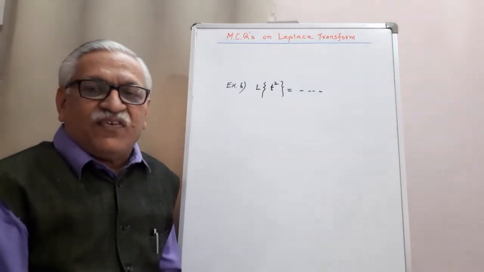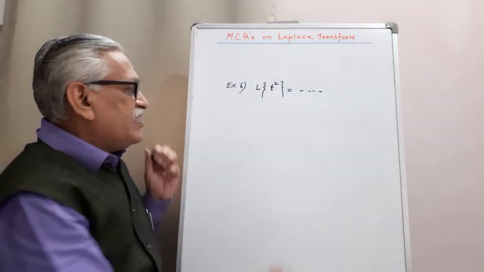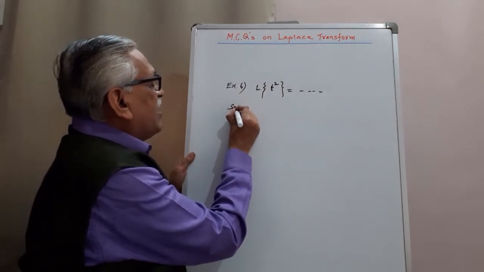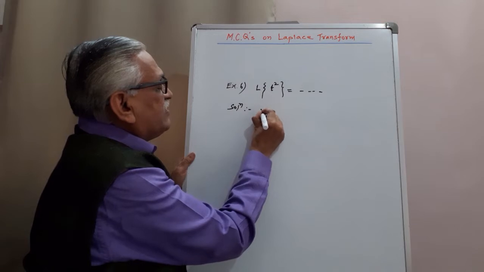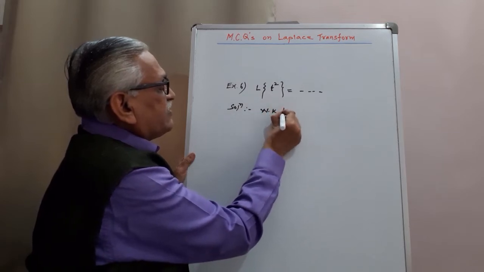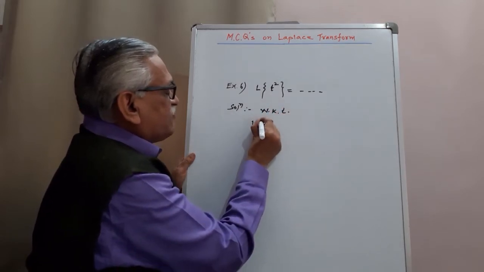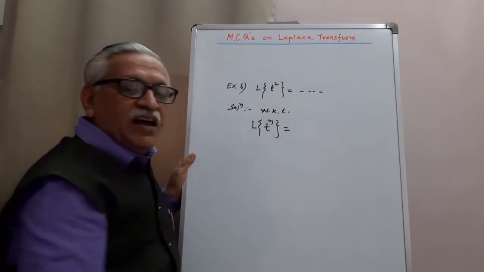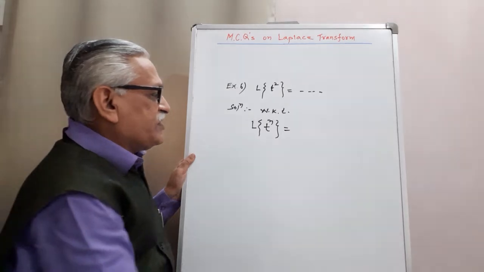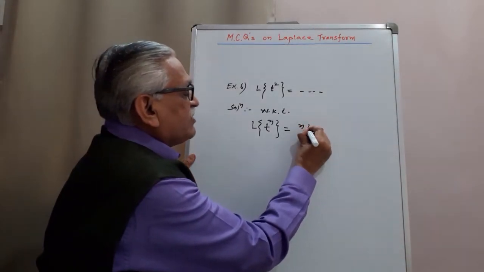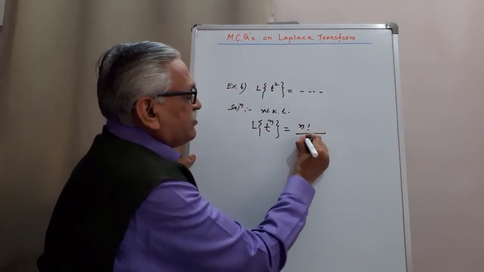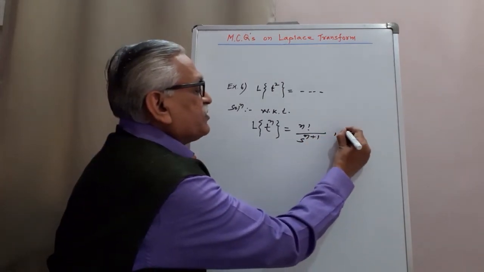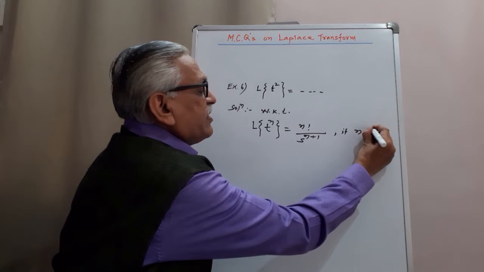Example number 6, find Laplace transform of t square. And to find the correct option, again we take the help of the standard result. We know that Laplace transform of t raised to n, when n is a positive integer, is n factorial divided by s raised to n plus 1.